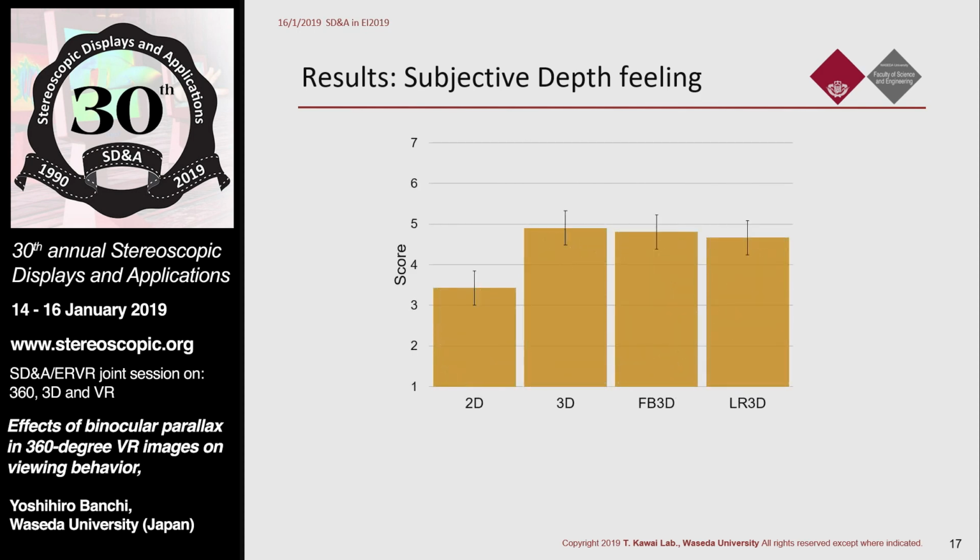Next is a result of the depth of the subjective index. The vertical axis of the graph is about the score, and the horizontal axis is about the stimulus. On the analysis of variance and multiple comparisons, it was found to be significant differences.